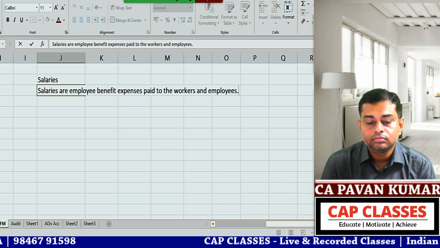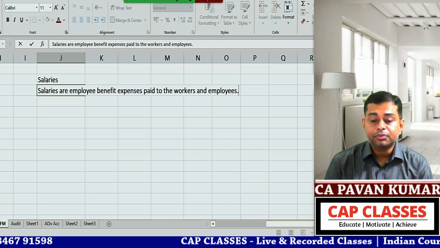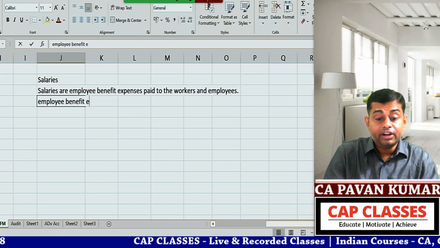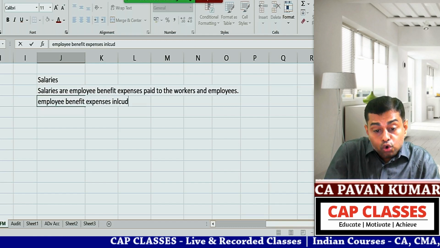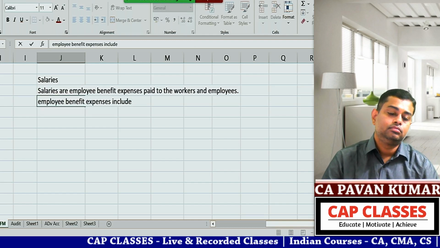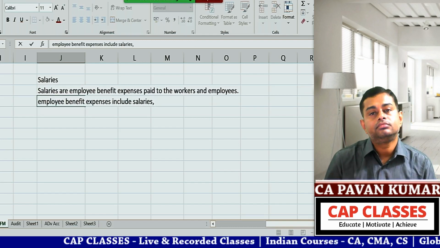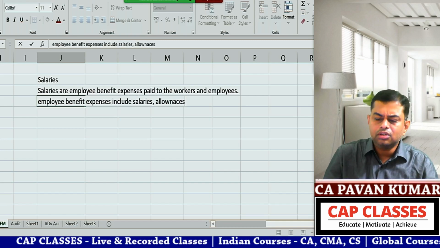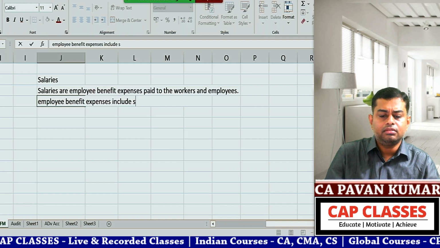Correct. Salaries are employee benefit expenses paid to workers and employees. Employee benefit expenses include salaries, allowances, basic salary.